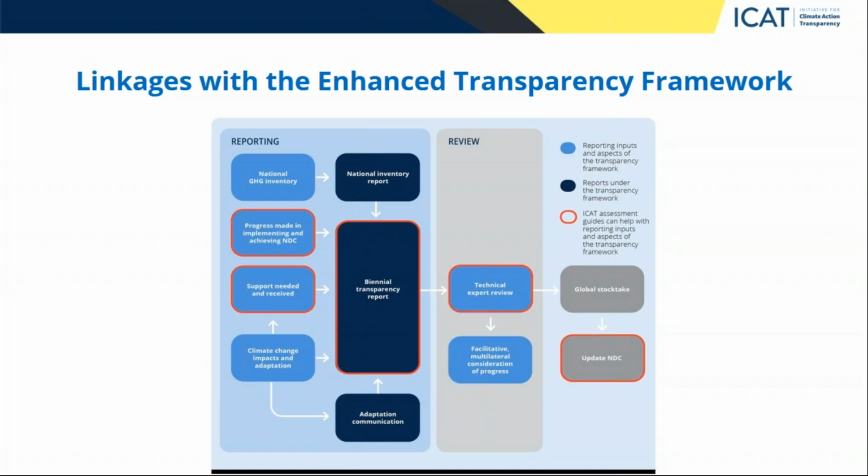Those components where the ICAT assessment guides can help to contribute are marked with a red circle. So you have in particular the reporting on progress made in implementing and achieving the NDCs, so NDC tracking, which feeds into the biannual transparency report.